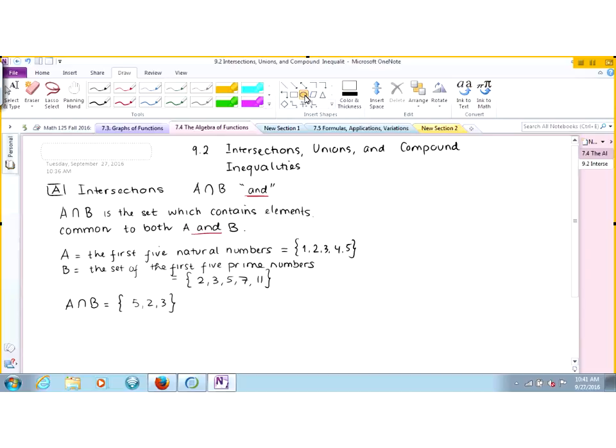Alright, so now I could draw my Venn diagram.